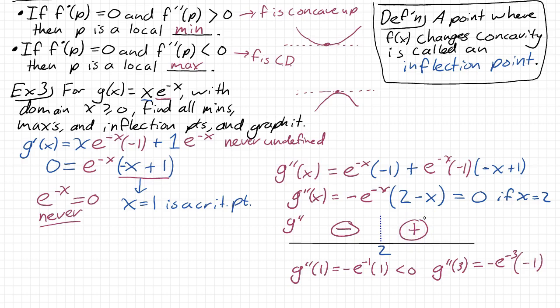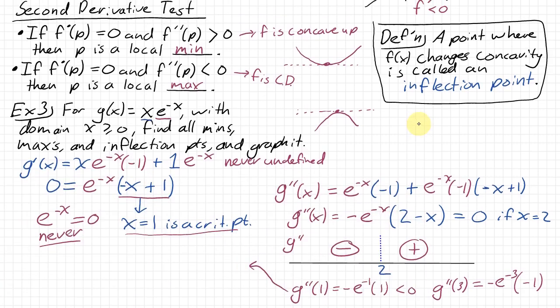So that tells us that x equals 2 is an inflection point. It goes from being concave down to concave up. And actually, let's just look at what we figured out about our critical point before. We just found out that the second derivative is negative, so the function is concave down.